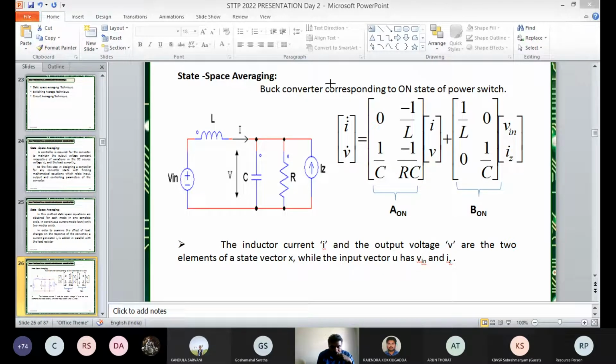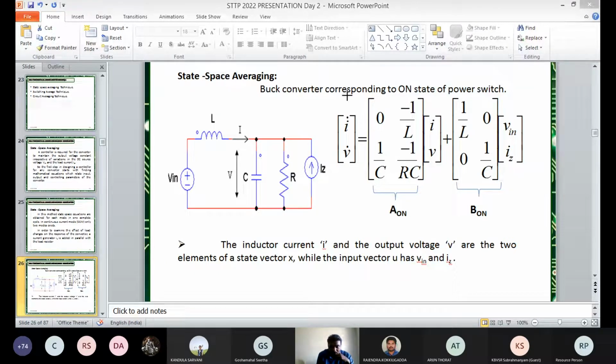That's why VL equals Vin minus V, where VL is the voltage across the inductor. The expression for the voltage across the inductor is L times dIL by dt, which equals Vin minus V.